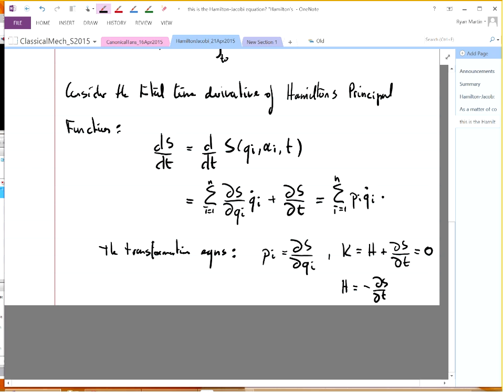And then instead of ∂S/∂t, I'll write that as minus H. And hopefully that looks familiar because we just used it earlier. Alright, so that's equal to L. I used the transformation equation in that step there.